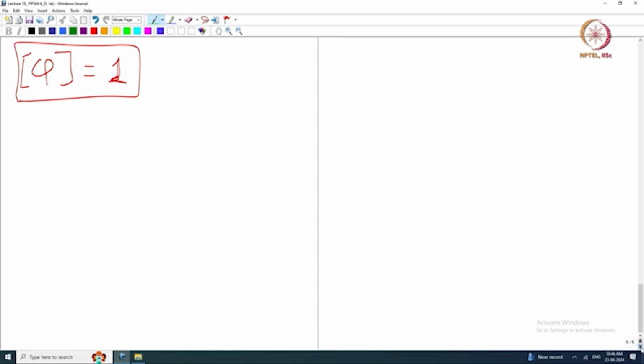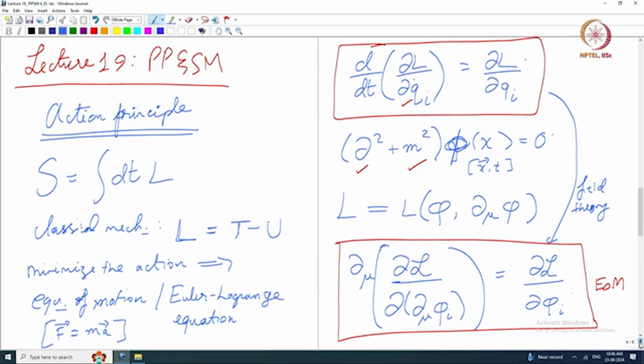Okay. So to do that, let us start with solutions of the Klein-Gordon equation. I did not say this explicitly, but it must have been clear from looking at the equation already, right?